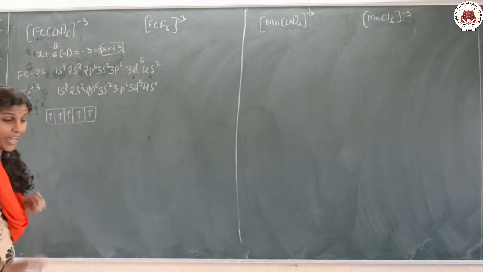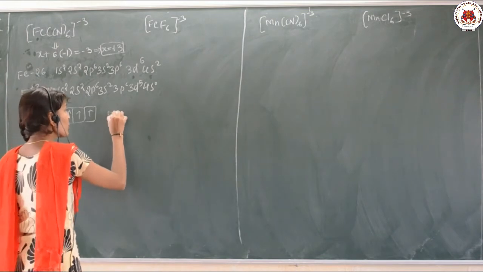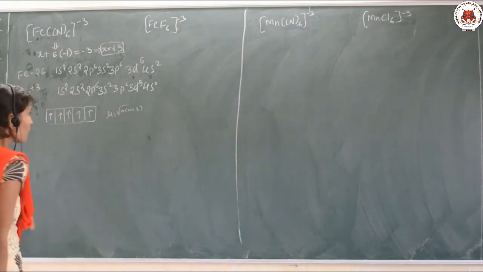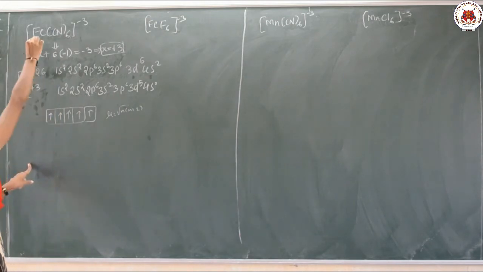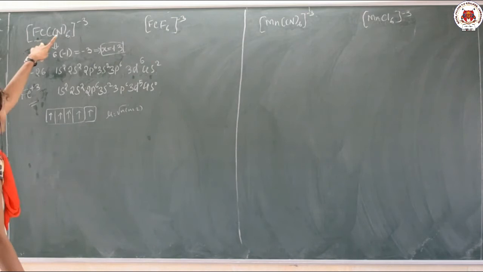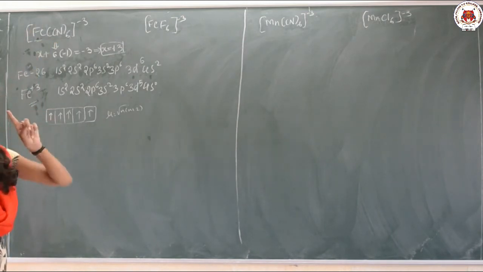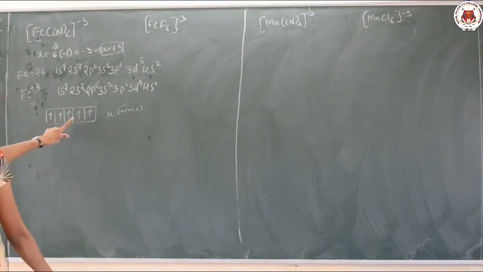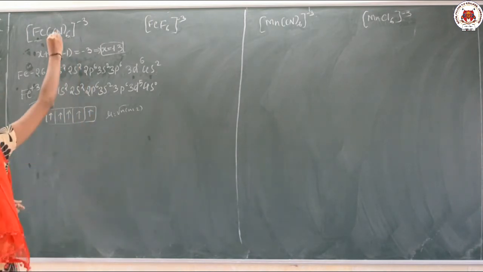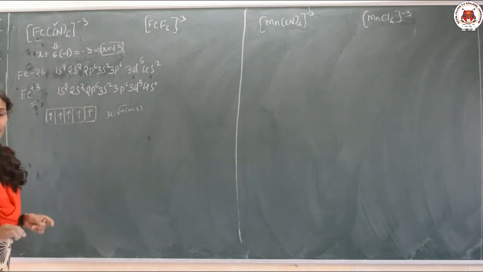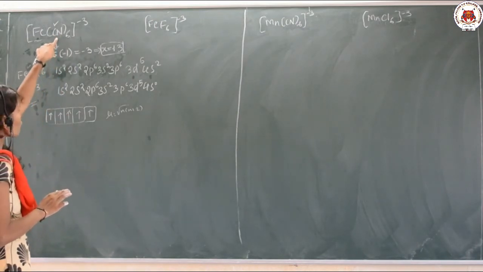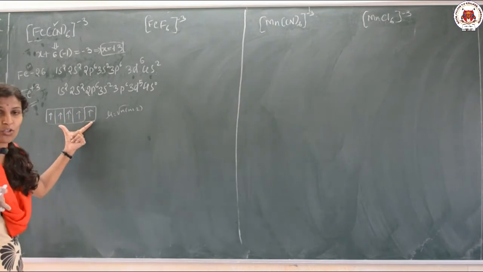So directly, now you don't go for mu is equal to square root of n into n plus 2 like that. Why? Here Fe is not only in the Fe plus 3 form, because it is making the complex with the CN. CN is the strong ligand which makes these electrons get paired up. So you have to think about the ligand. If the ligand is strong, I have told you several times, it makes these electrons get paired up.